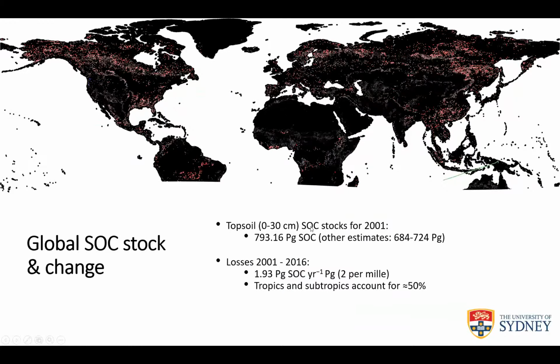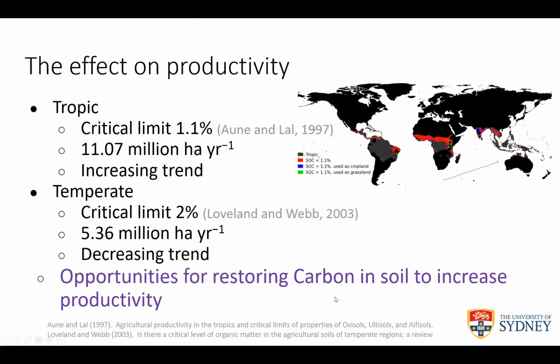We calculate the topsoil carbon stock and the losses overall in the whole world: every year you lose about 2 per mil, or 0.02%, from the initial stage. But a lot of it happens in and around the tropics and subtropics.